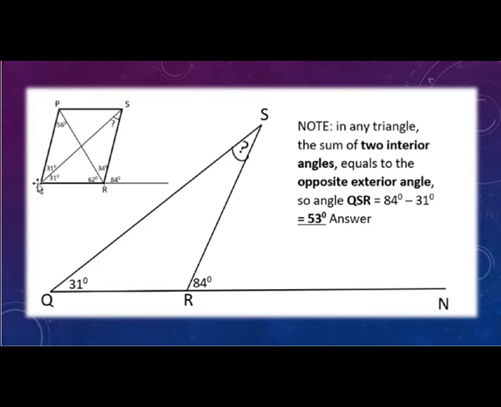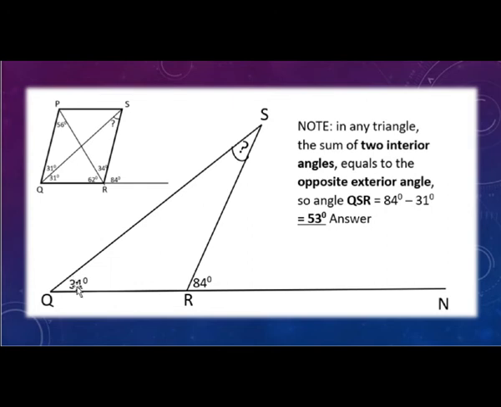This triangle here which I'm trying to draw is the one we are going to use to get the remaining angle here. I've drawn it on the side here, and there is a property of triangles that we are supposed to know, that in any triangle the sum of two interior angles, interior means inside, equals the opposite exterior angle.